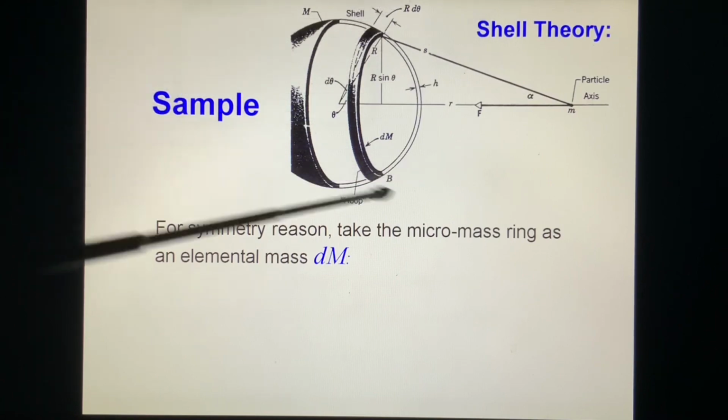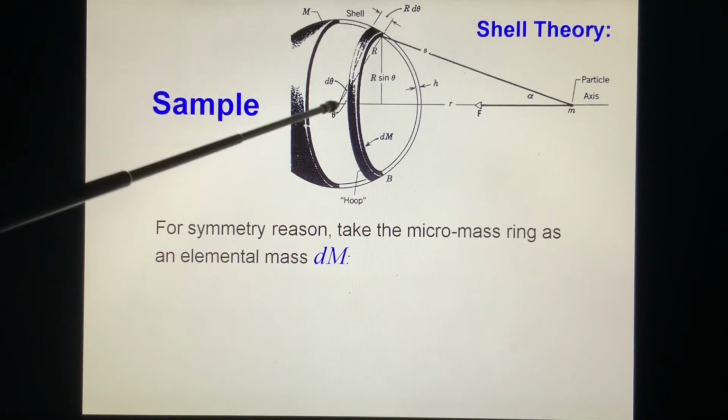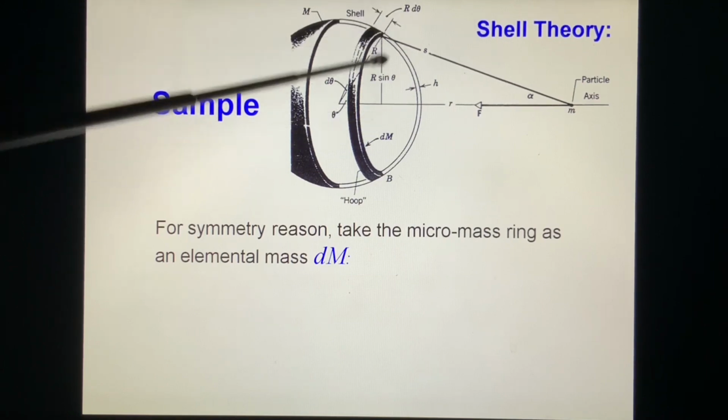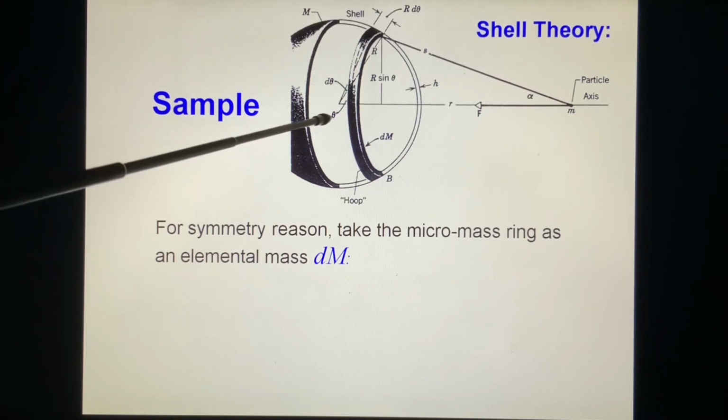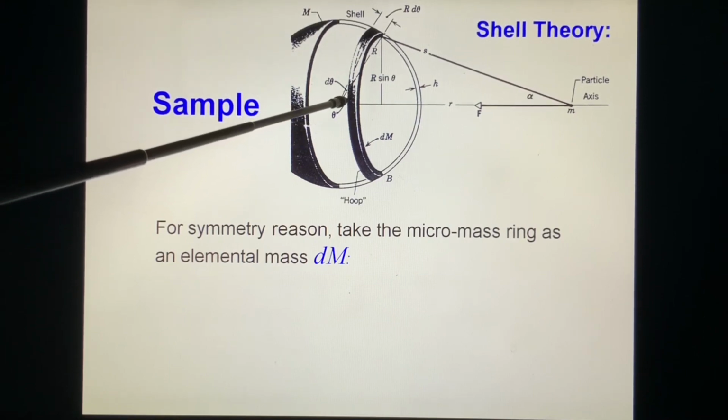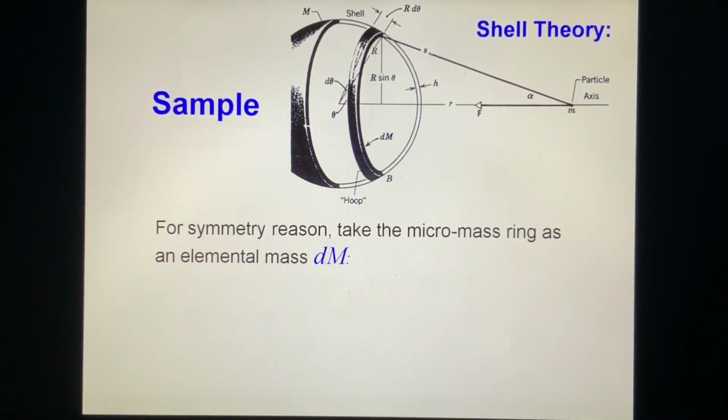How about its circular length? 2 pi r. What is the r? It's r related to theta. This r equals R sine theta. So the dm, let me see what dm is. dm equals density times its volume, dV. What is dV?